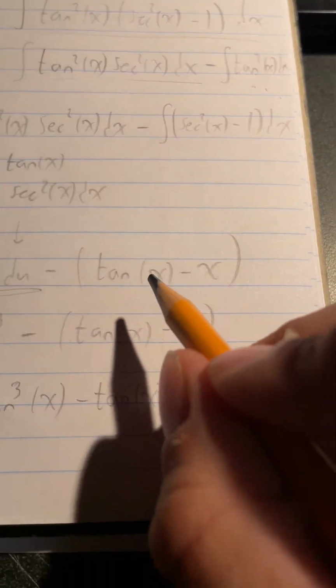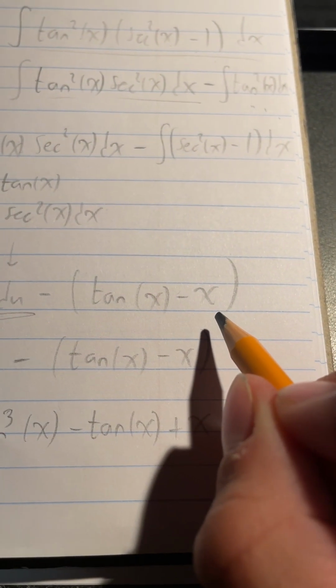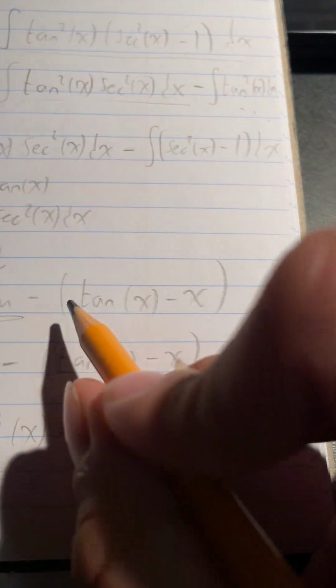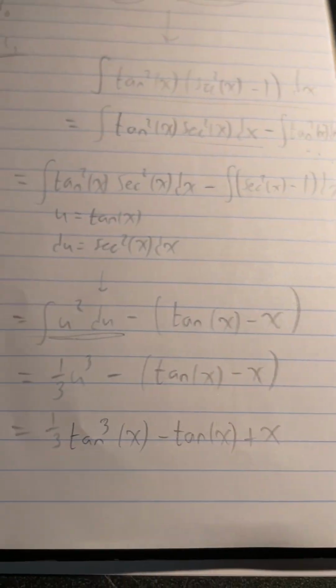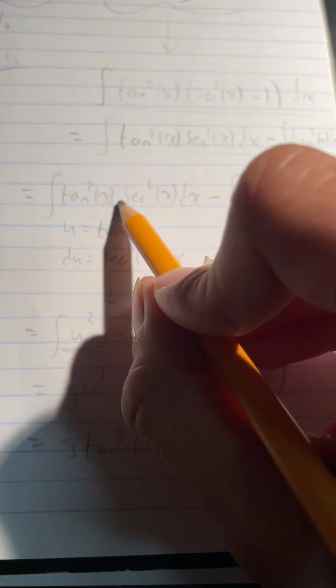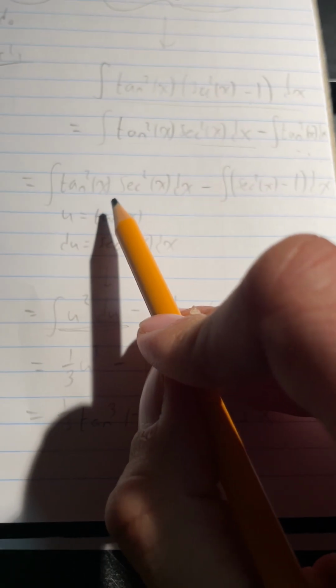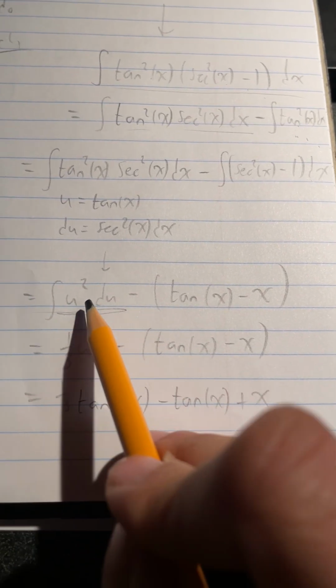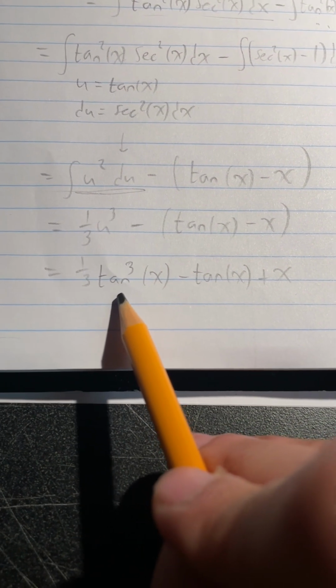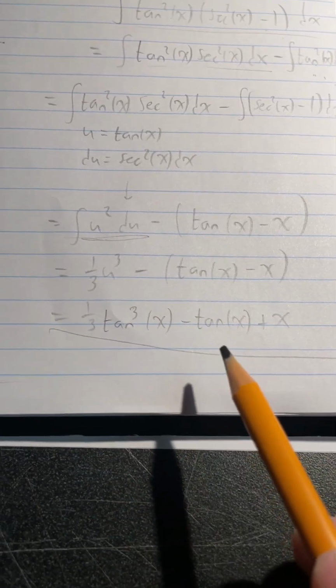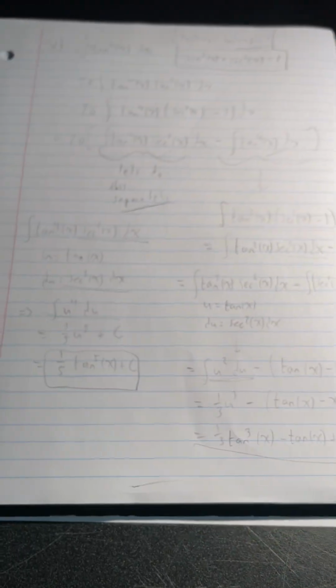The antiderivative of this one is tangent x minus x. Take the derivative of tangent, secant squared, derivative of x is 1, and there you go. And from the other one, like I said before, we just do the u substitution again, and we get the integral of u squared. Reverse power rule, substitute it back in, and there we go. So that's that.